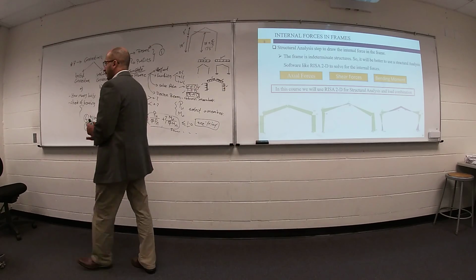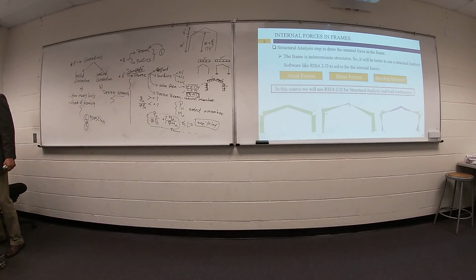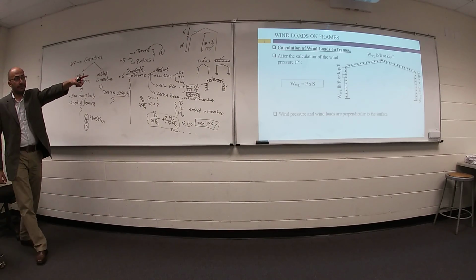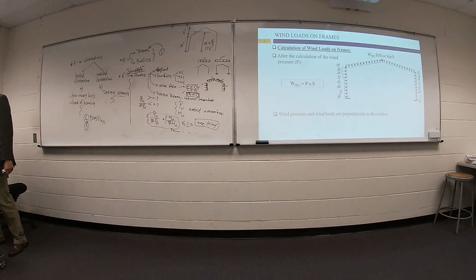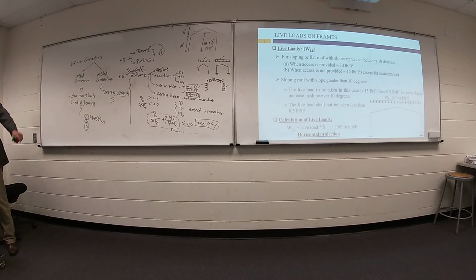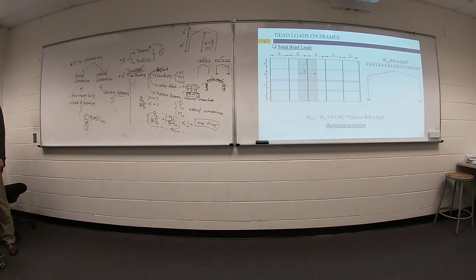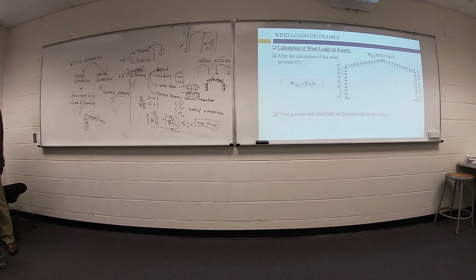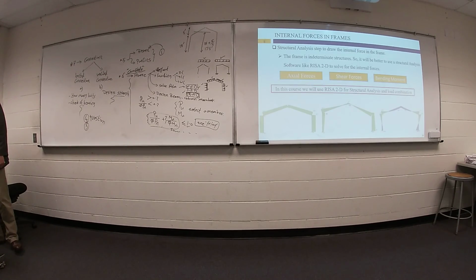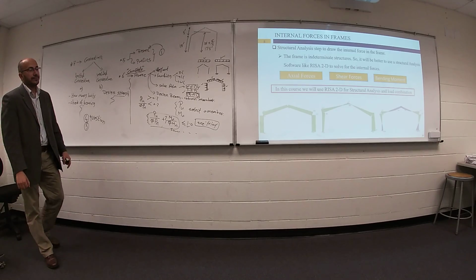Also, you need to print this shape showing your load: this shape for wind load and this shape for dead load. So for each load case, you need to take a picture, and also the final results.